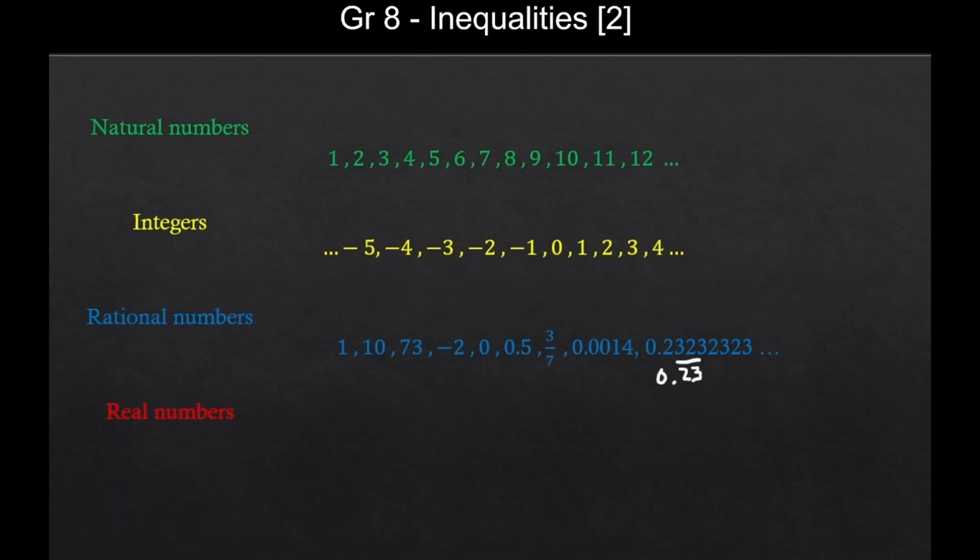Lastly, what are the real numbers? Real numbers are basically all kinds of numbers you know. So natural numbers, integers, and rational numbers, and even irrational numbers, which don't have an end. Did you know that the square root of 2 keeps going forever without any patterns?